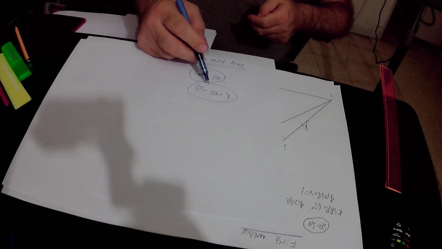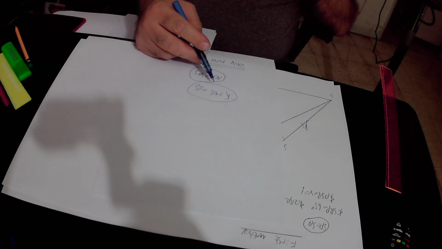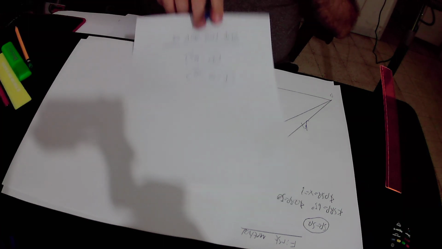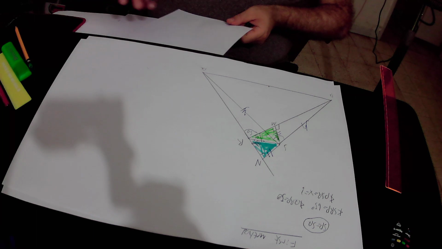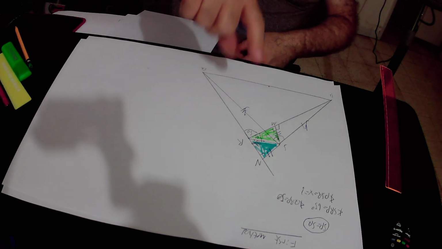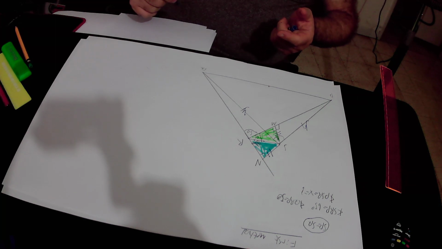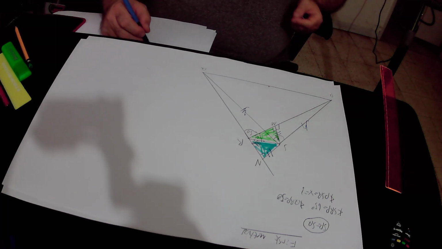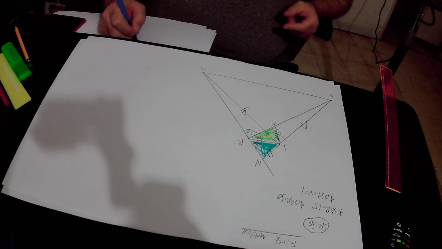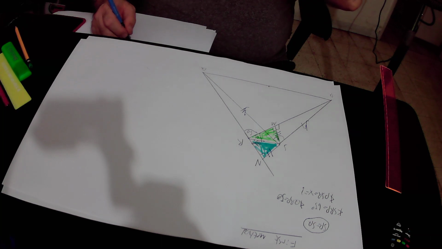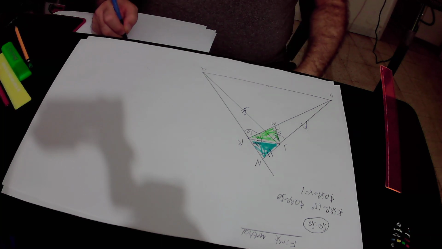SP is equal to SQ, and both those sides are equal to Y according to our definition. And the third side, side PM, is equal to side NQ. Side PM from the right triangle SMP is equal to side NQ in the right triangle SNQ. Actually, we will prove that those two sides are equal to each other.